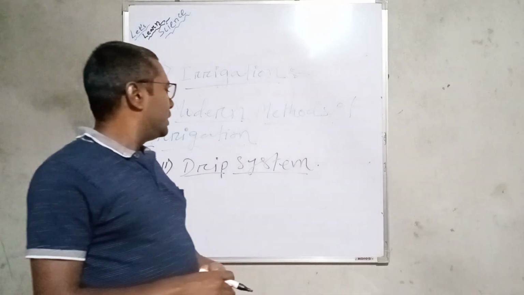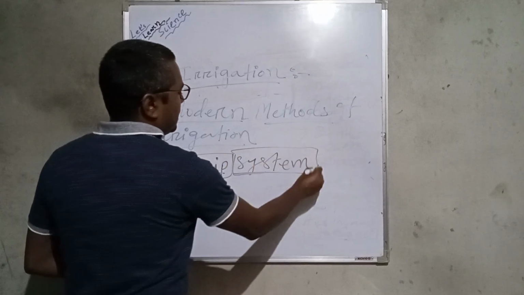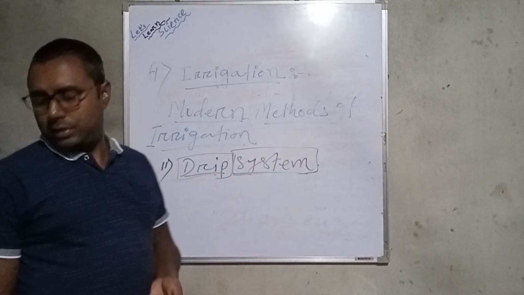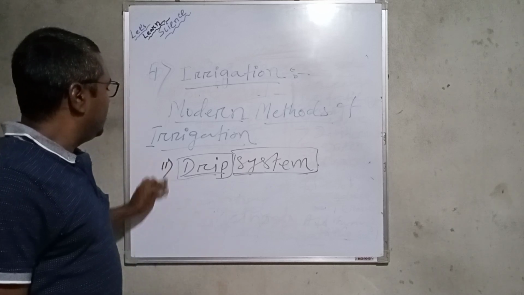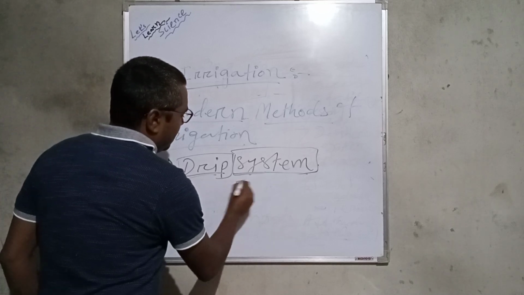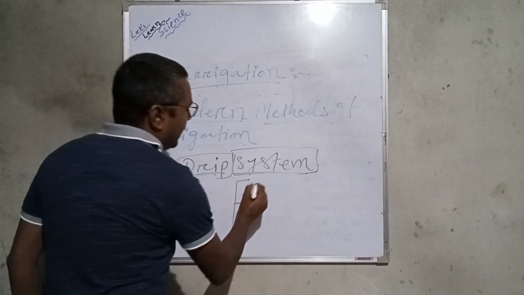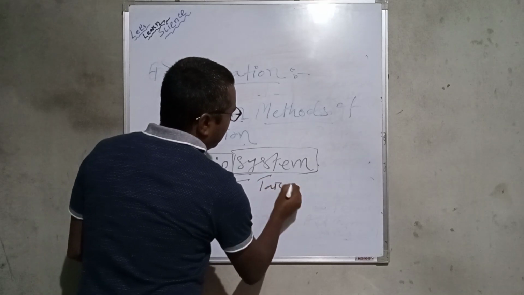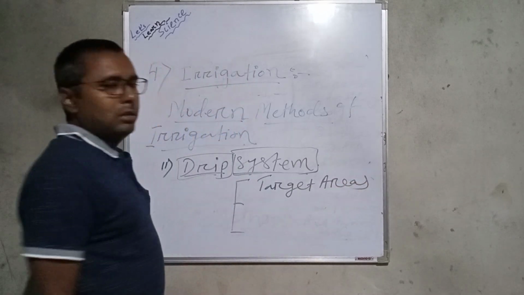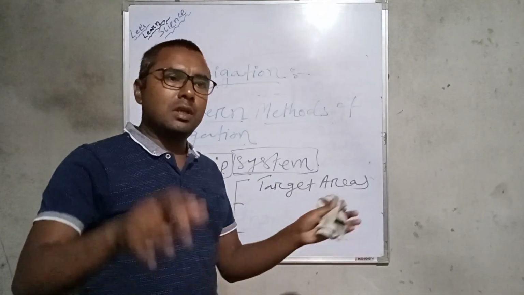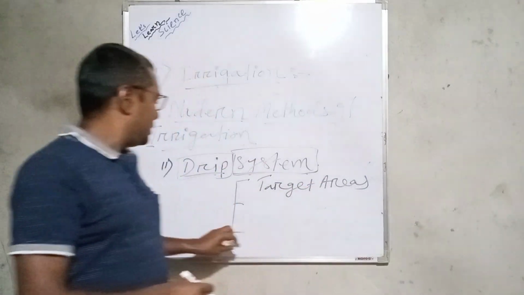Understood? This one is very economic. Drip system. Is it clear? It gives the water directly into the target areas. That means no extra water will be poured. Water will be supplied only where it is needed, in the target areas.